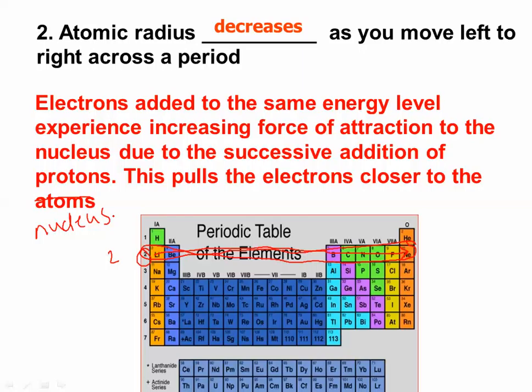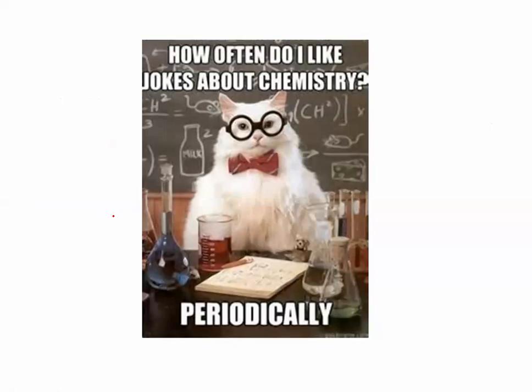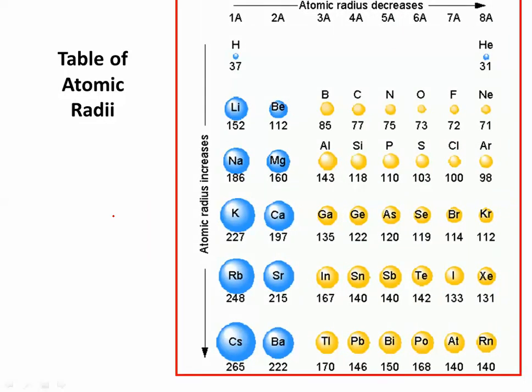So this is the reason why atomic radius decreases as you move left to right across a period. Because the force of attraction increases as you add more protons, it pulls the electrons closer, and that makes the atom smaller. All right, and if we look at this, we can see this.